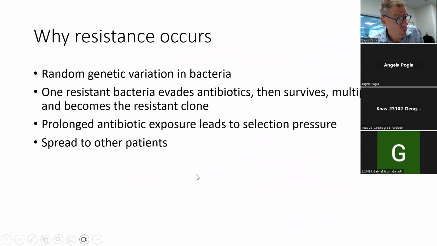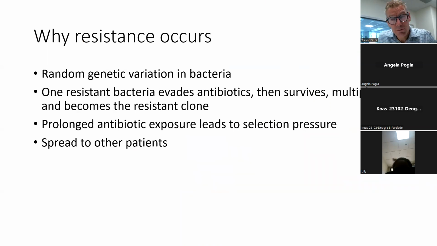So I want to get on to why resistance occurs. I think the first thing to say is that because bacteria are replicating constantly, thousands of times every hour, there is a natural random variation in bacteria.